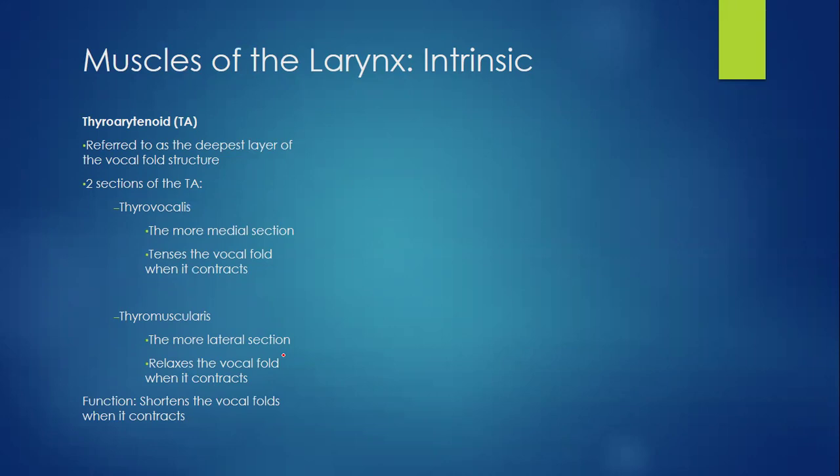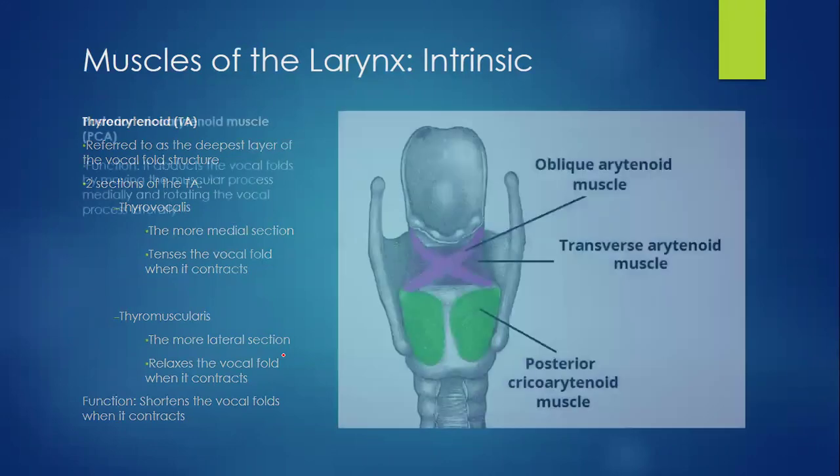And it has two sections, the thyrovocalis and the thyromuscularis. Vocalis is the medial section and it tenses the vocal folds when it contracts, and the thyromuscularis is the more lateral section and relaxes the vocal folds when it contracts.